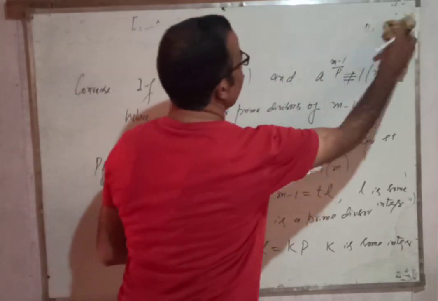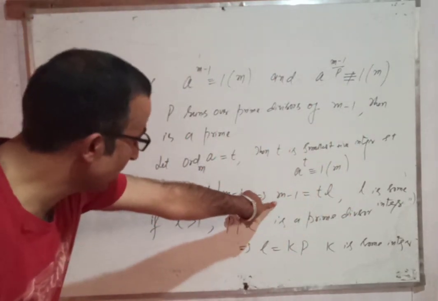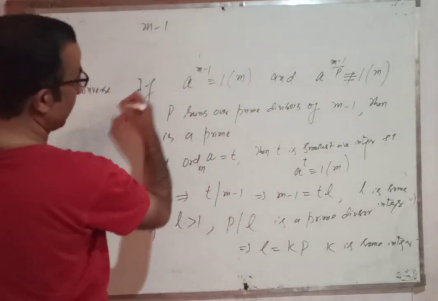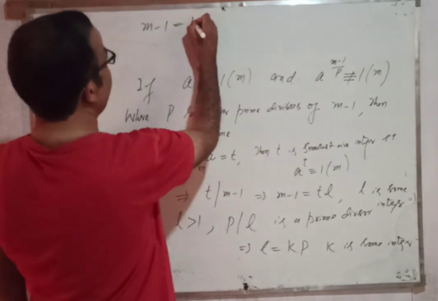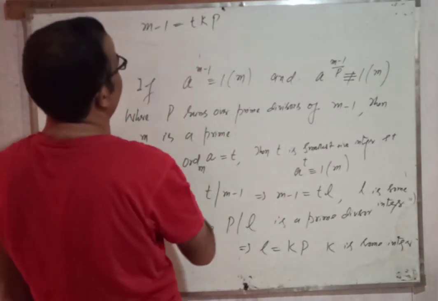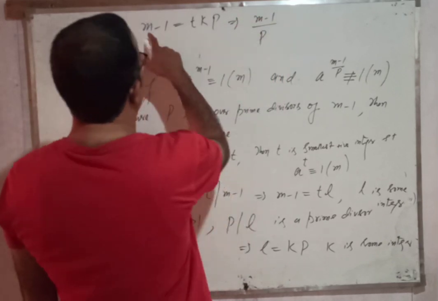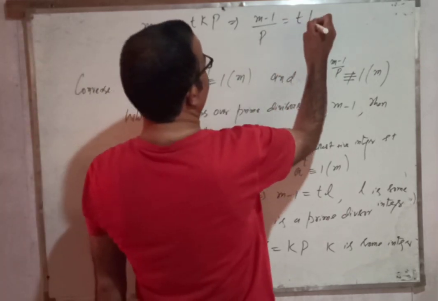This will imply, from this very equation, I get m minus 1 is equal to t k p. That means m minus 1 by p is equal to t times k.